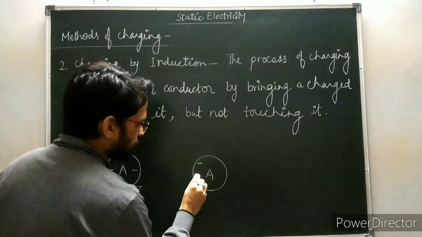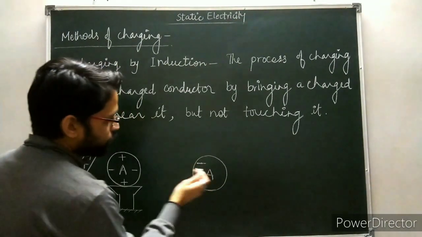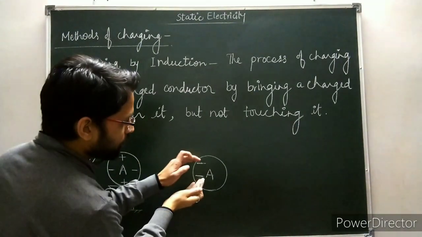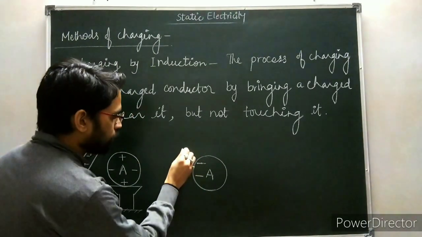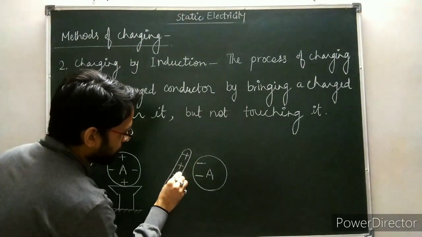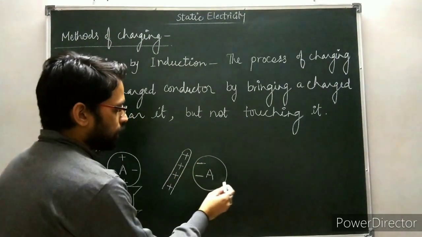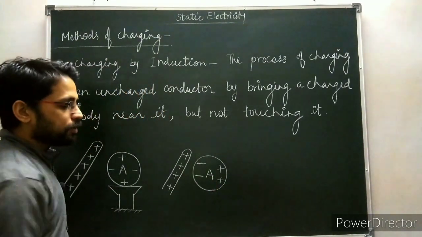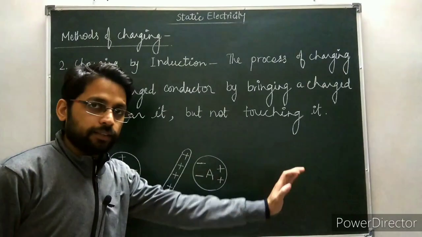The negative charge attracted towards the rod will shift to this end, and the positive charge due to the repulsion shifts to the other end.